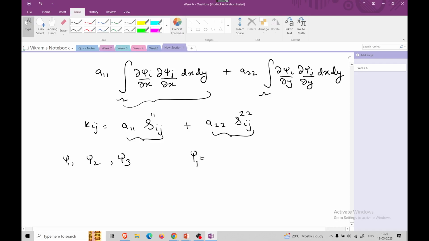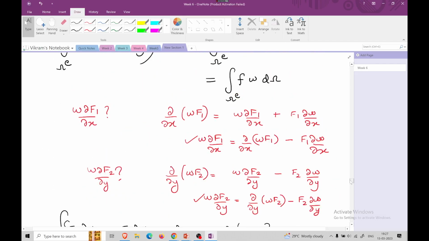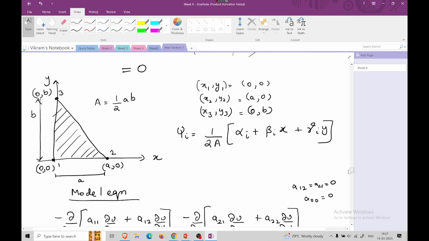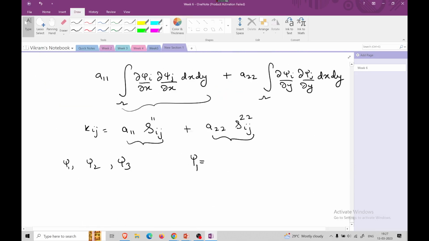For triangular elements we have already seen ψi is equal to 1 by 2A into αi plus βi x plus γi y. So 1 by 2A into α1 plus β1 x plus γ1 y.